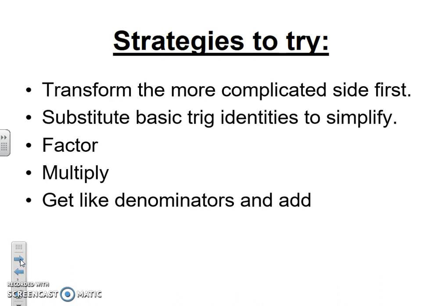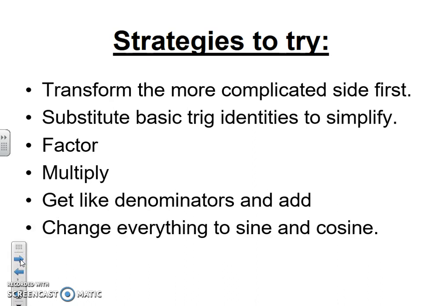We will see some problems that have fractions in them, and we'll have to get like denominators and add those together. One good strategy whenever you have tangent and cosecant and secant and all of those things in there is to change everything to sine and cosine and then work from that. So those are all strategies that we're going to try.